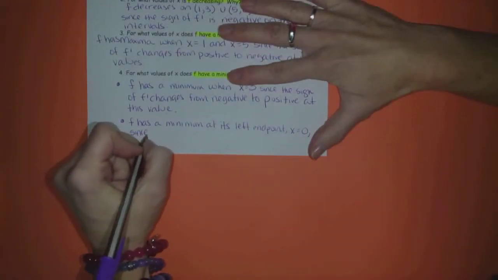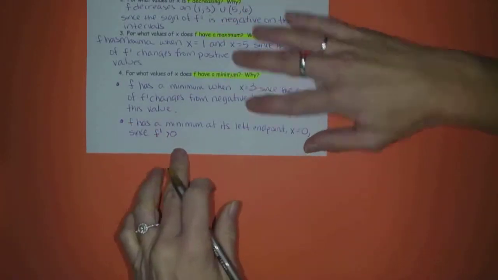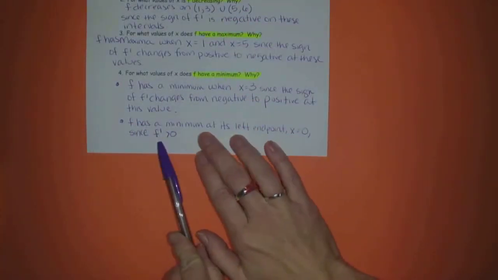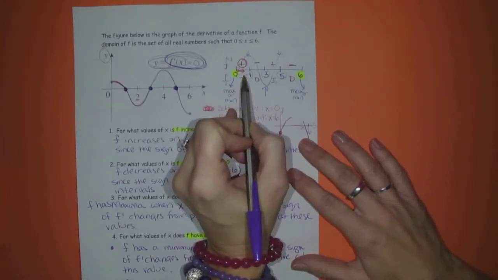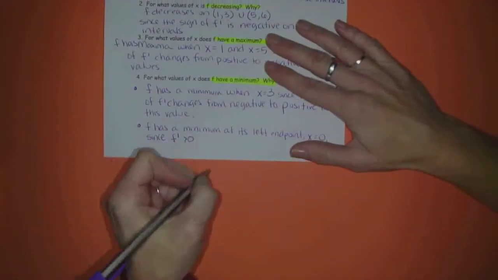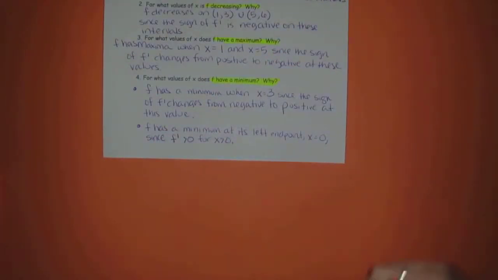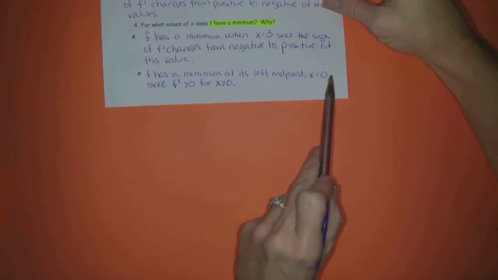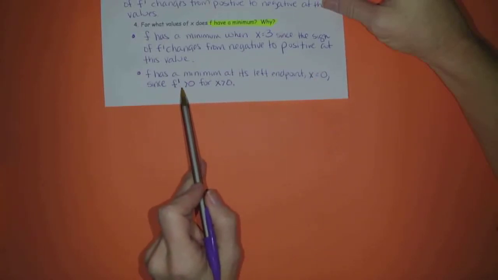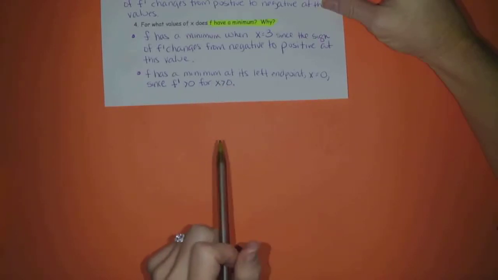Since f prime is greater than 0. Now let's look at that. That means the slopes are positive. If you look up here, f prime is positive just to the right of 0. So this is positive for x greater than 0. What you're telling your reader, or me, is that if you leave a left endpoint increasing to the right of that endpoint, it's got to be a minimum.